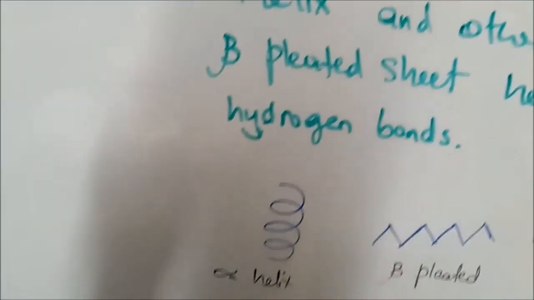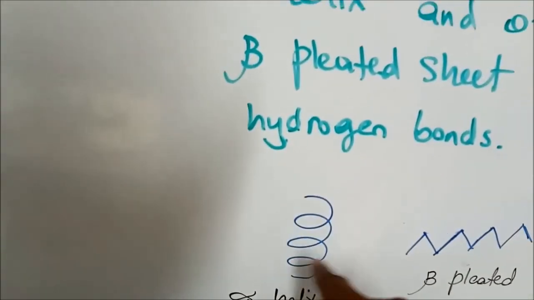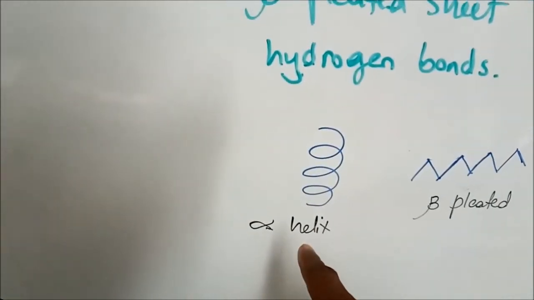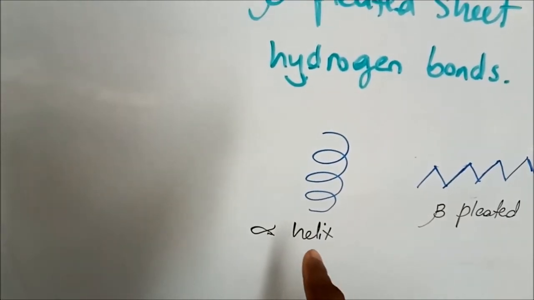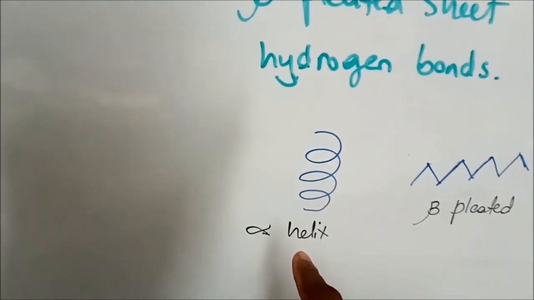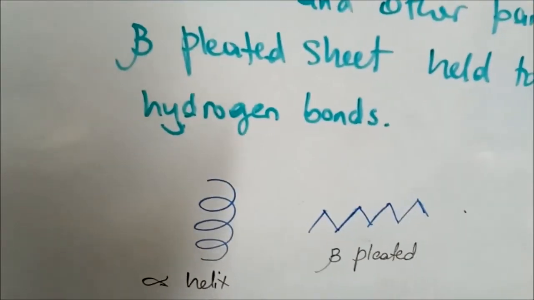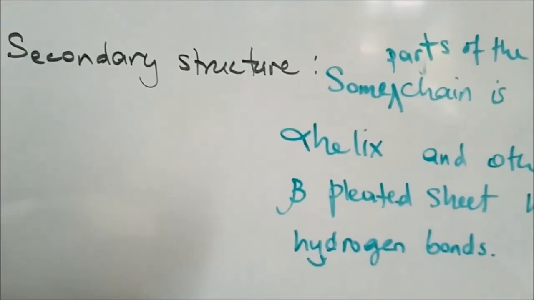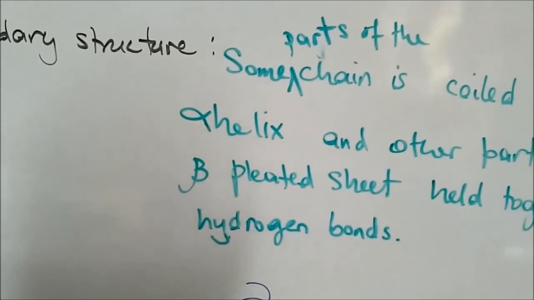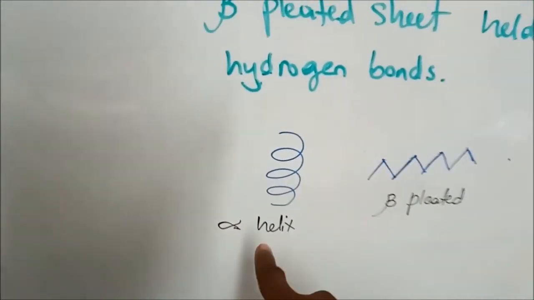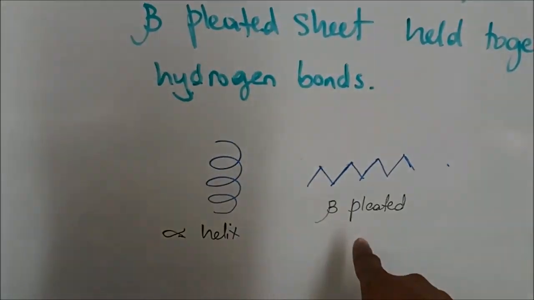Cool. So alpha helix would be like this helical shape right here, reminds you of amylose from yesterday's class. Beta pleated sheet is kind of something looking like this. Good. So you will have some parts of the chain coil like that, the alpha helix, and some parts like the beta pleated sheet.